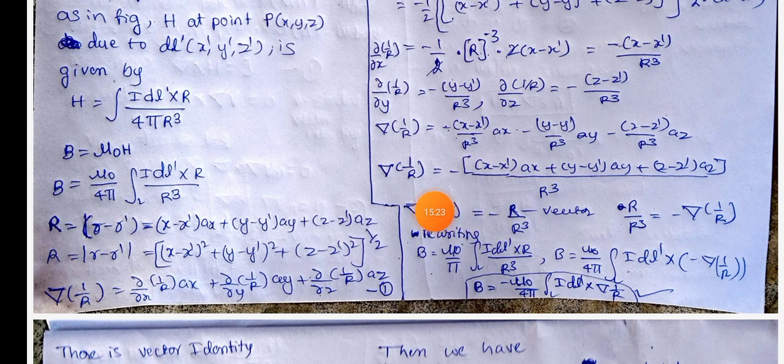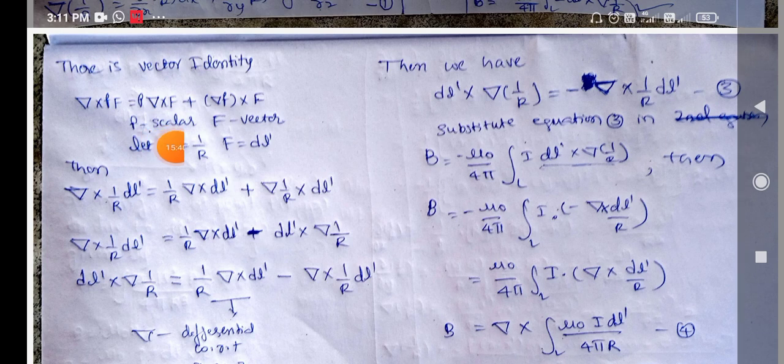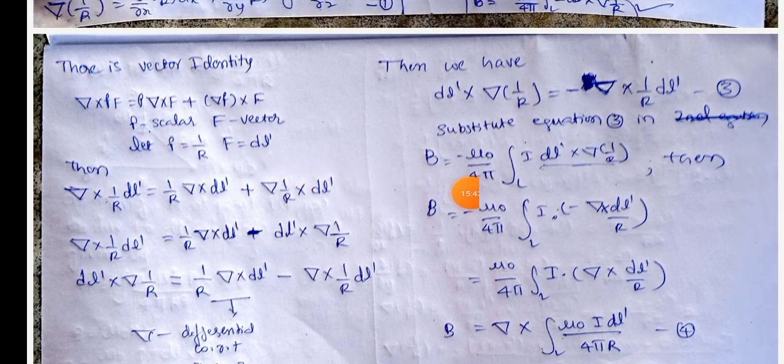So B contains r by r cube, which is replaced by minus gradient of 1 by r. After substituting that, we get B equal to minus mu naught by 4 pi I dl dash cross del of 1 by r.